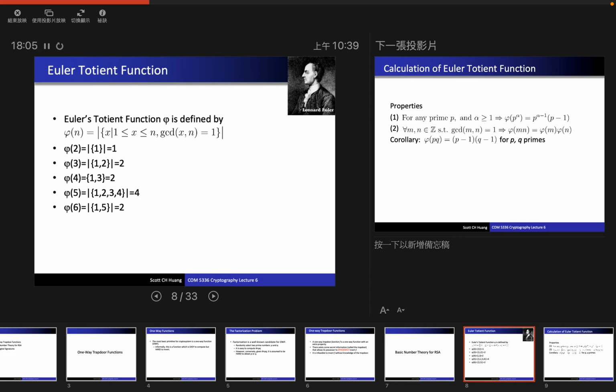Phi of 2 is 1. These are prime numbers, so they're easy. If they're not prime, it's a little harder. So far, the only way to do that is to simply list these numbers and then delete those that are not relatively prime with n. Okay, so this is called the Euler totient function.